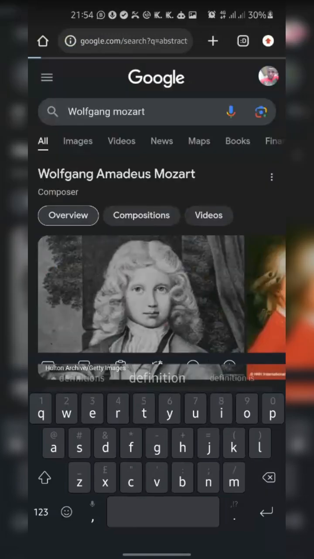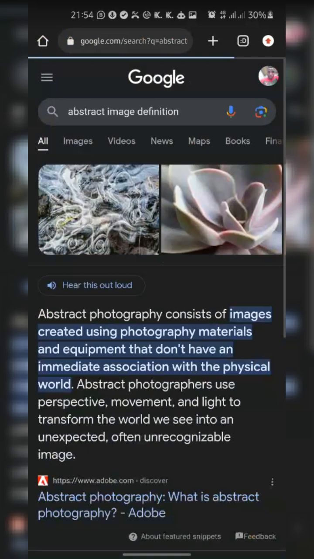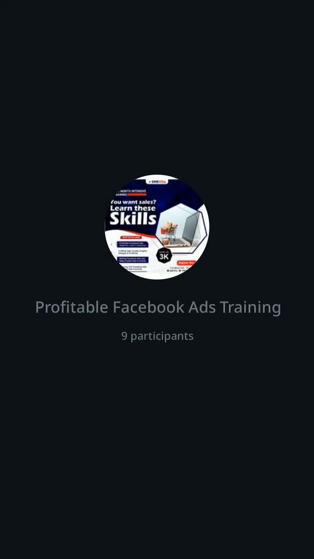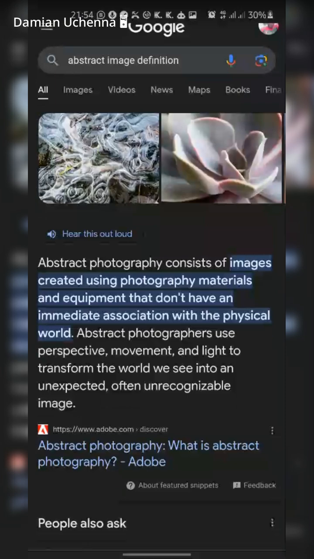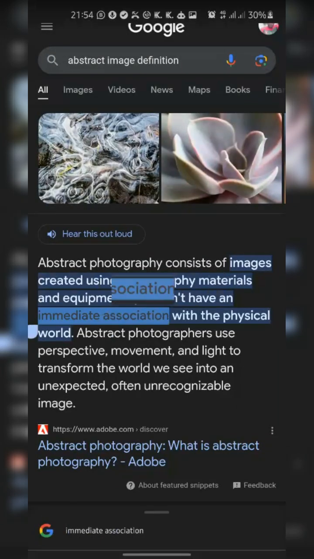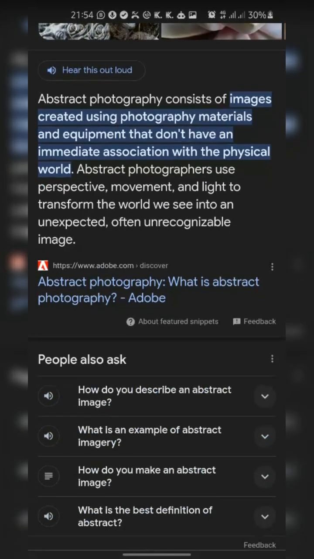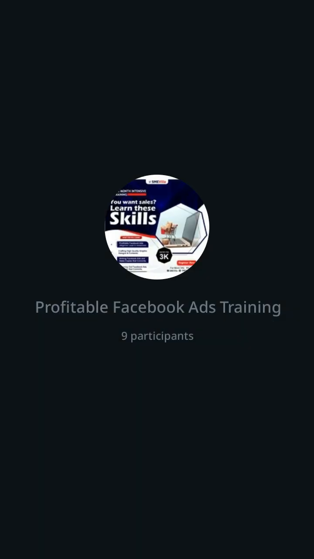Okay, it says abstract photography consists of images created using photography materials or elements that don't have an immediate association with the physical world. Mind the word there, immediate. It is just images that most times you say it doesn't make sense, but then it passes a meaning, right? Sometimes it's unrecognizable and unexpected, right?